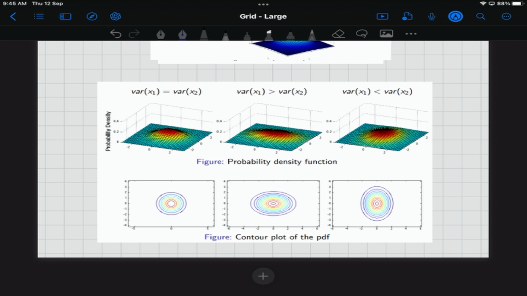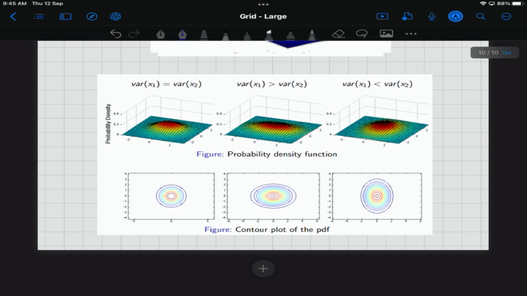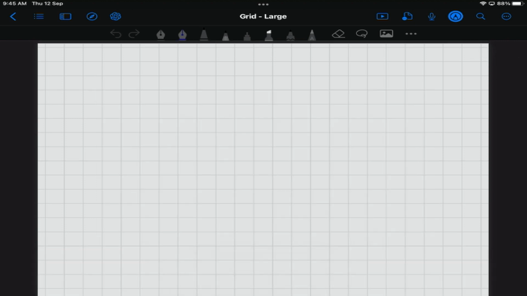And if variance 1 is higher than variance 2, then it is something like this, and where variance 1 is lesser than variance 2, then you have a contour plot like this.